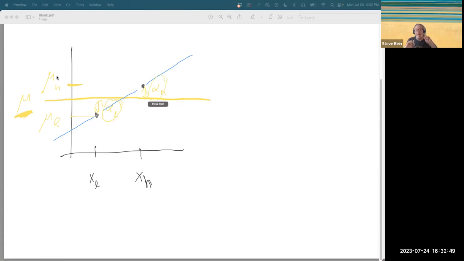So I could have two distinct fitted values with the categorical way of thinking about things, the ANOVA way of thinking about things.